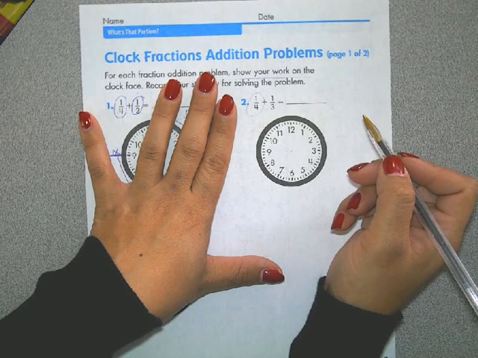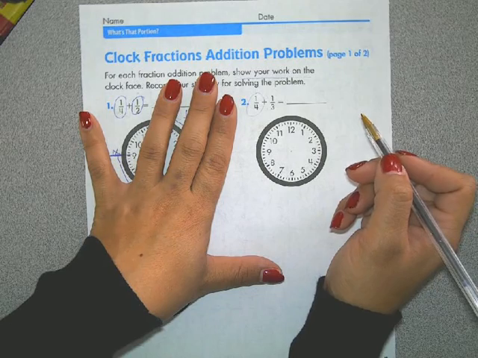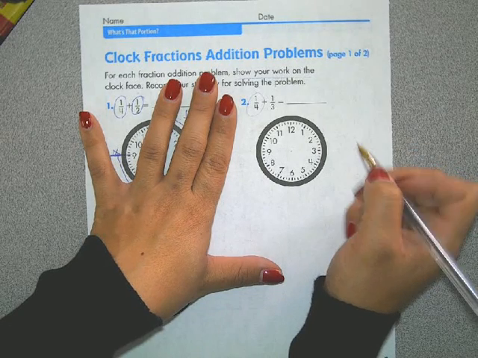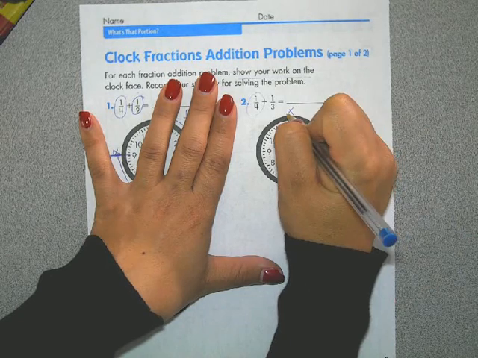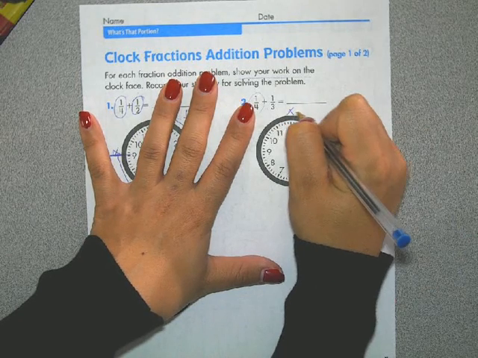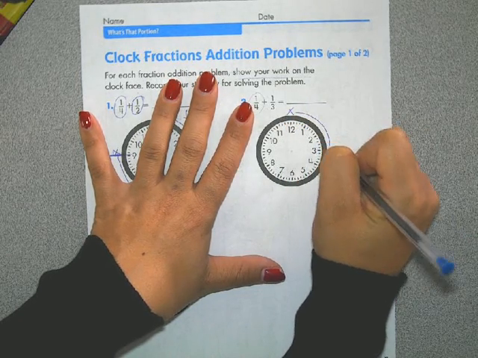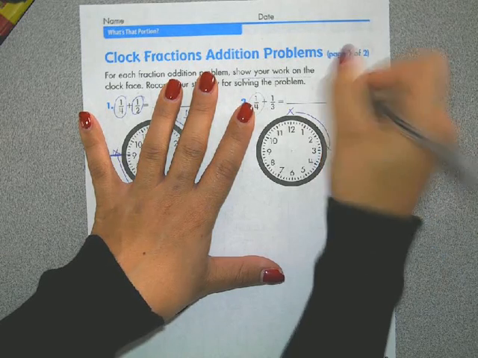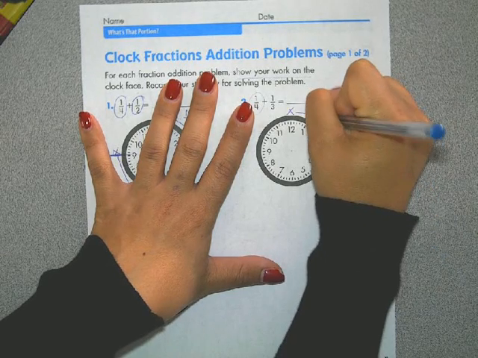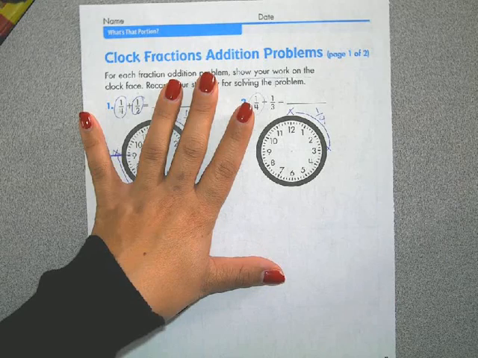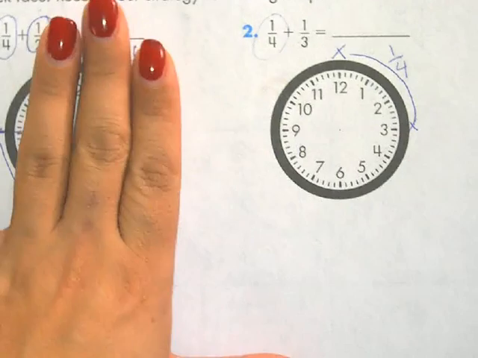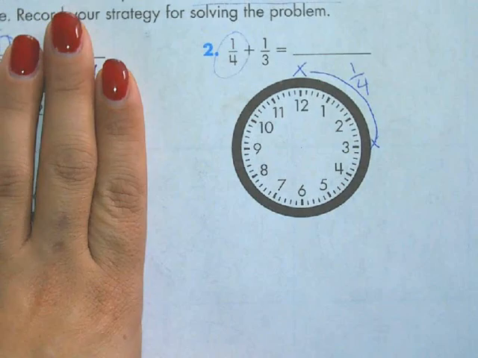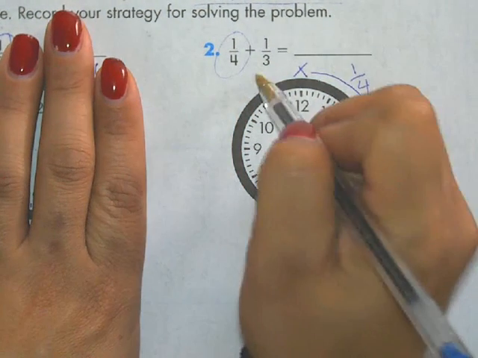How do I label 1/4? Everybody should know. Mason, how do I do it? So I should have an X above the 12 where I start. I draw my line to the 3, which is correct. Did you guys label your line 1/4? Make sure you've labeled that.